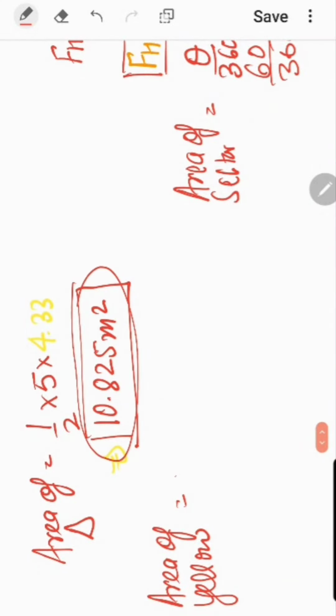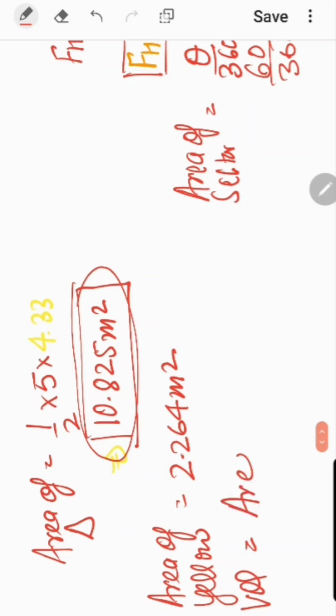But to find the weight of the fluid contained in the yellow region, we need not find the area, we need to find the volume of the yellow shaded region. So volume is going to be area multiplied by depth, and per unit width you have to find the answer, so depth will be 1.